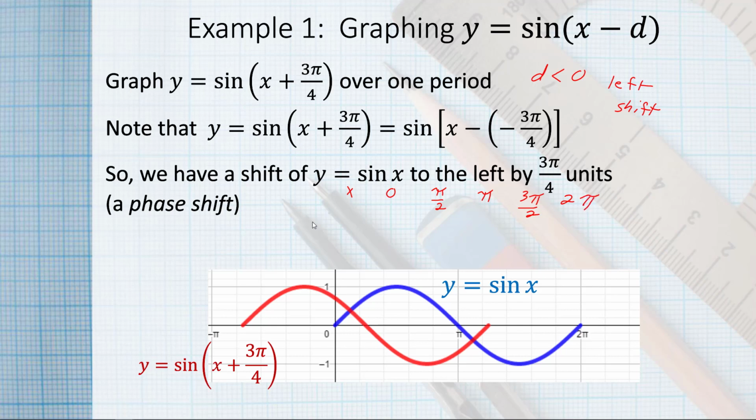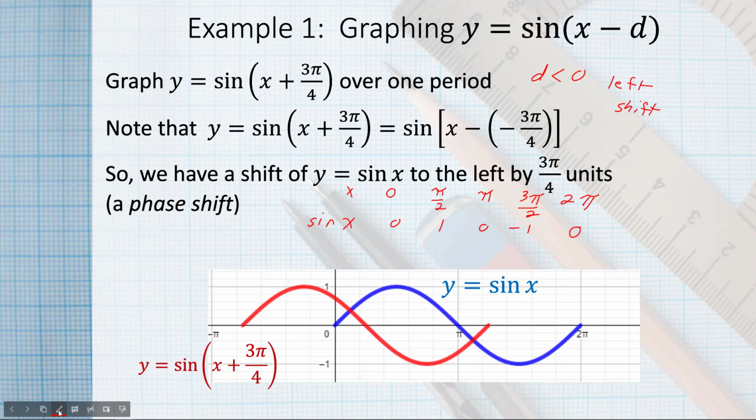And remember, for those values, the sine of x would be equal to 0, 1, 0, -1, and then returning to 0. Now, since d is equal to -3 pi over 4, this is a shift to our important points. By how much? You guessed it, -3 pi over 4.